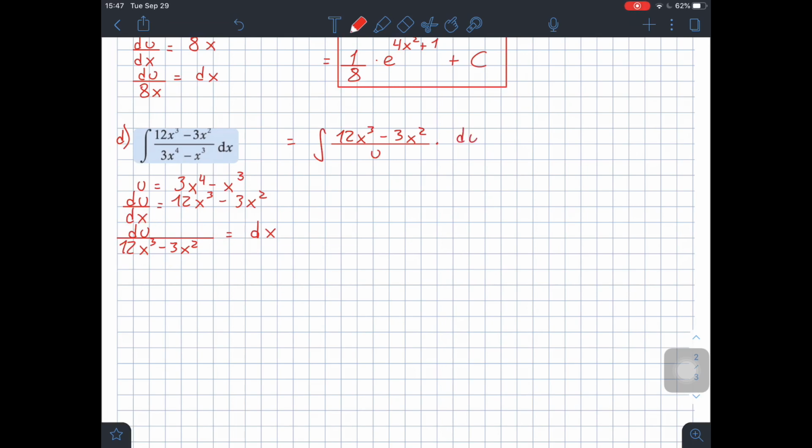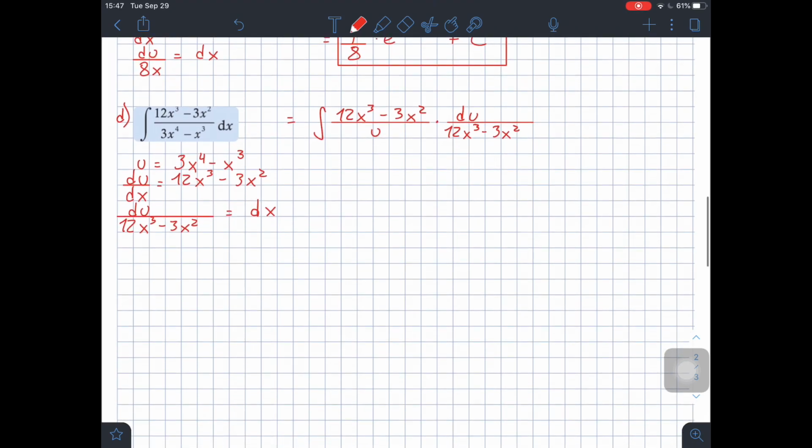So times du over 12x cubed minus 3x squared. So I see that we can simplify all of this expression. All of this simplifies with this. So we're only left with the integral of 1 over u times du.